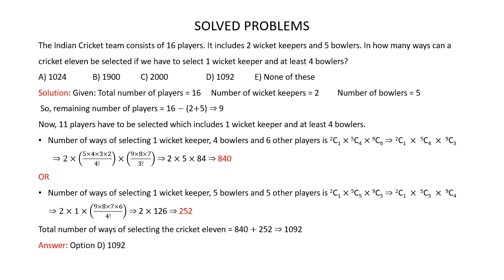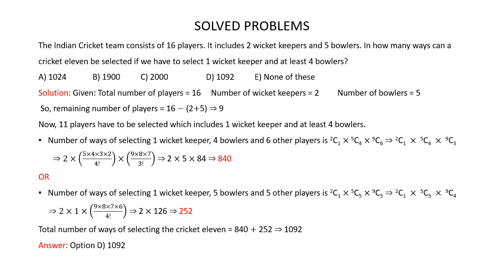Now 2C1 is nothing but 2. 5C4 is equal to 5 multiplied by 4 multiplied by 3 multiplied by 2 divided by 4 factorial. 9C3 is equal to 9 multiplied by 8 multiplied by 7 divided by 3 factorial.